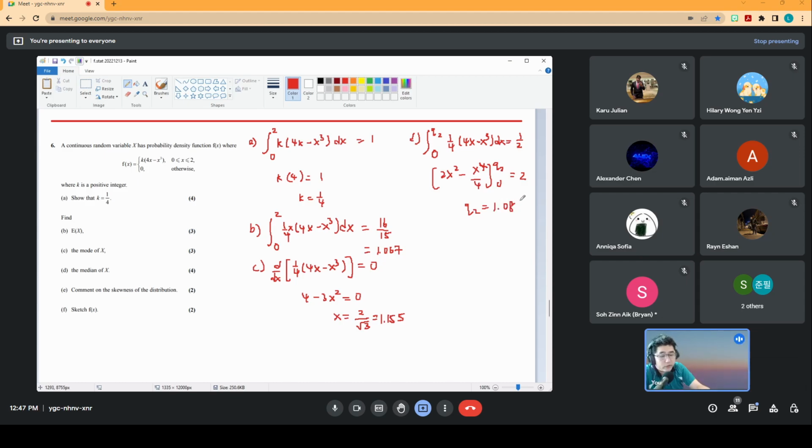Anyone unable to solve it? So with all the values here, how do we comment about the skewness?